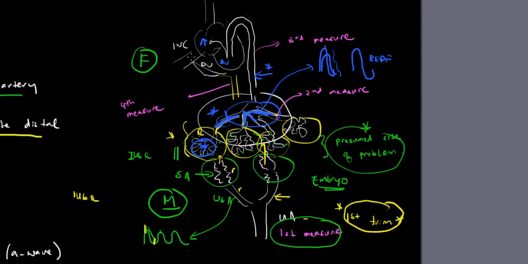Now, normally, as you know, for most of the cardiac cycle, blood returns to the heart like so. But if the right atrial pressures are extremely high, you could imagine that maybe during a portion of the cardiac cycle, the blood will actually go backwards in the veins. And this is sort of analogous to what the ultrasound will see with the ductus venosus, the A-wave reversal. And this is the final step.